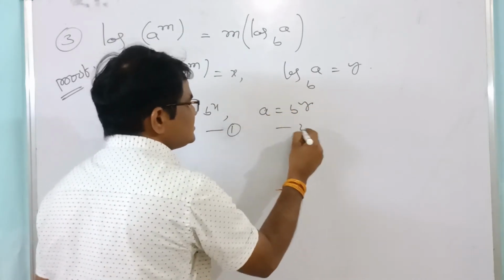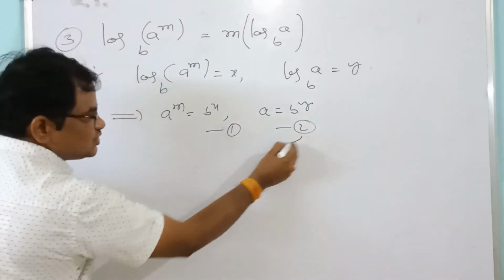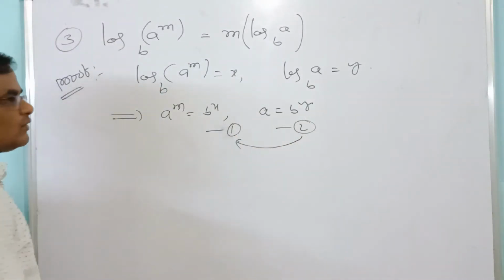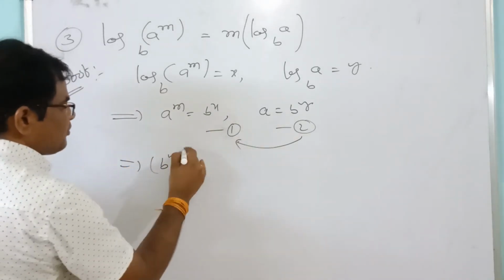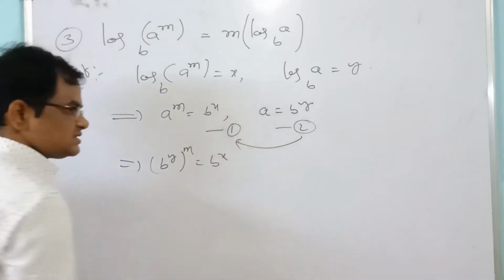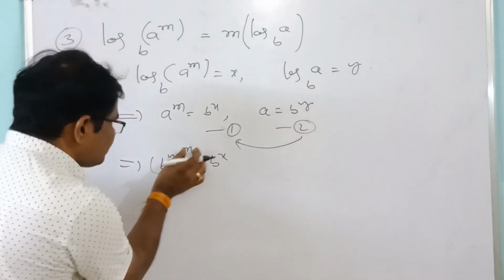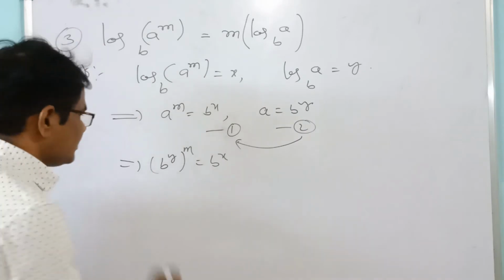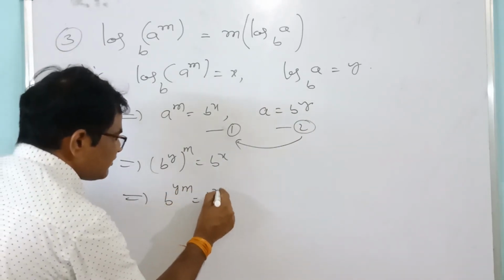Take this as 1 and this as 2. Substitute 2 in 1. What do we get? a power m equals b power y whole power m equals b power x. By the exponential laws, the form (a power m) whole power n is there, so we write it as b power ym equal to b power x.